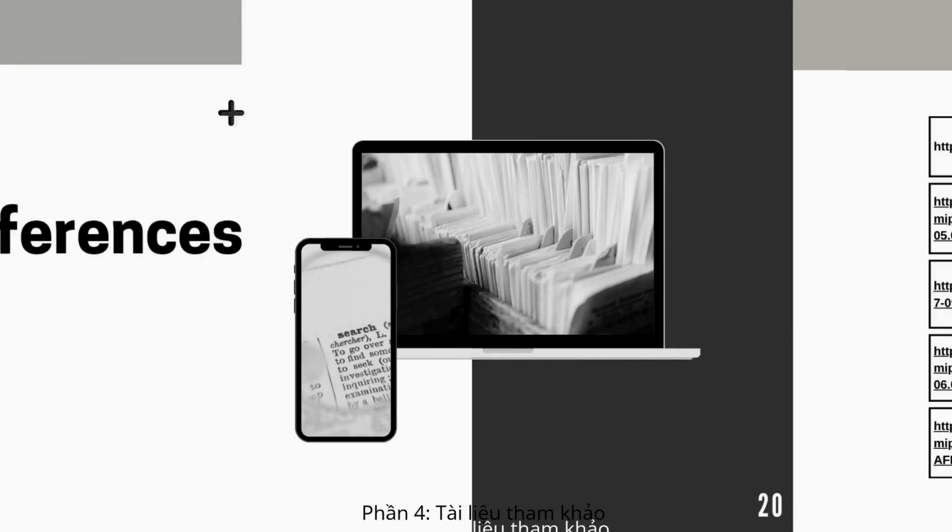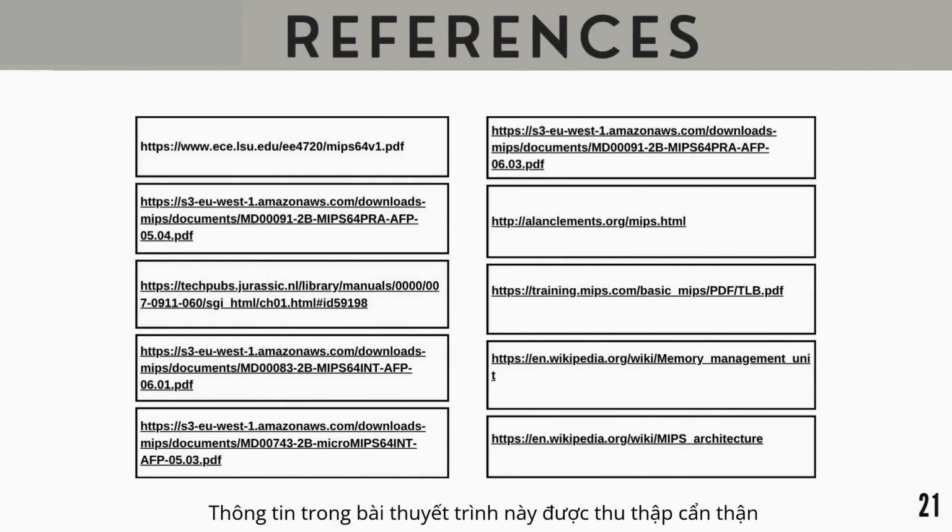Part 4, References. The information in this presentation was carefully gathered from official MIPS documentation, including the MIPS64 Architecture for Programmers series, academic course material, structured technical resources, and public reference manuals from MIPS Technologies.